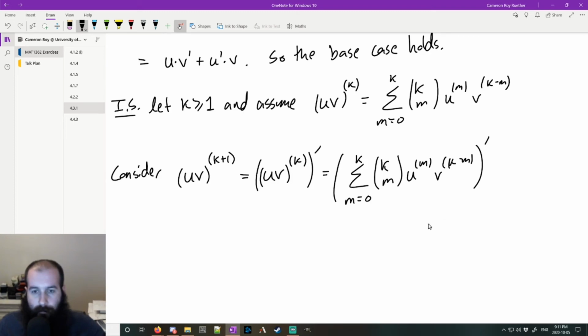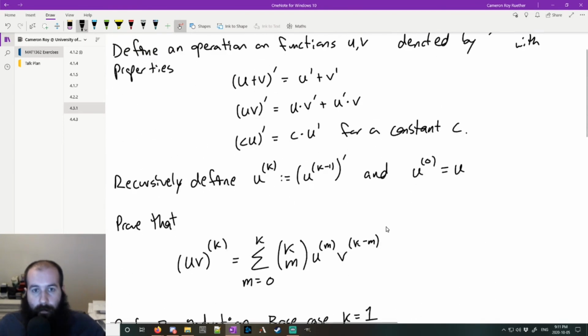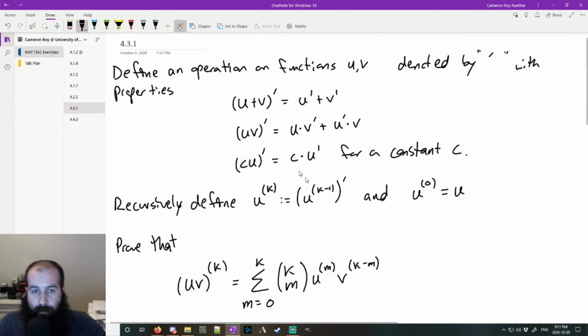Okay. Now we have some properties of prime that we can apply. First, we know that prime distributes across sums.